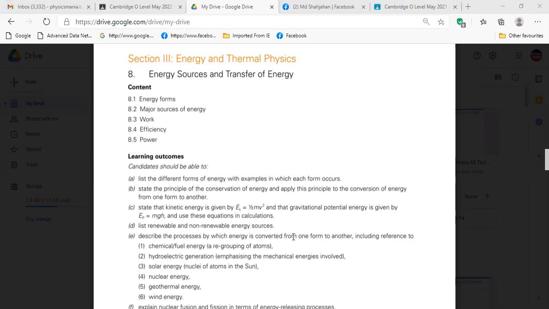Then another advantage is there is very high concentrated energy in the non-renewable sources, right? Yes, sir.